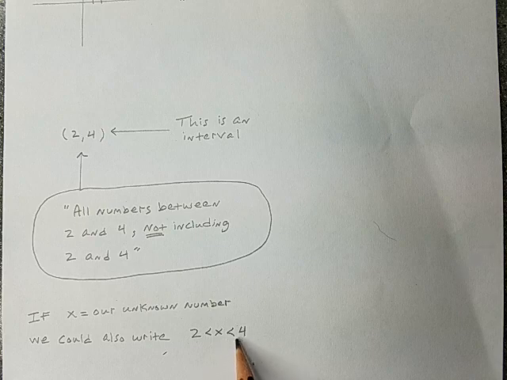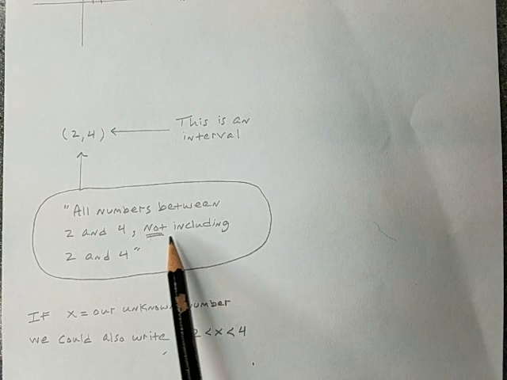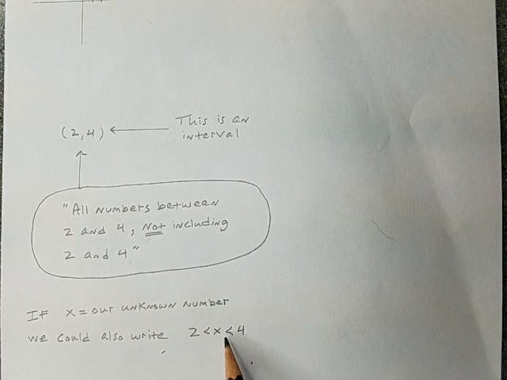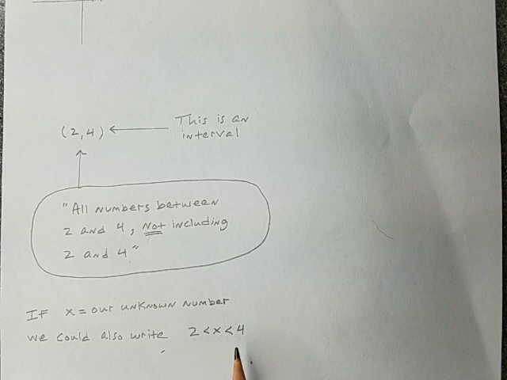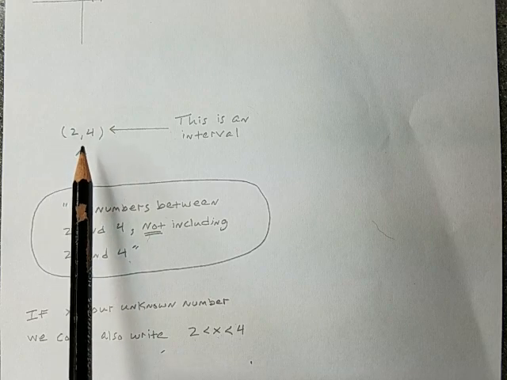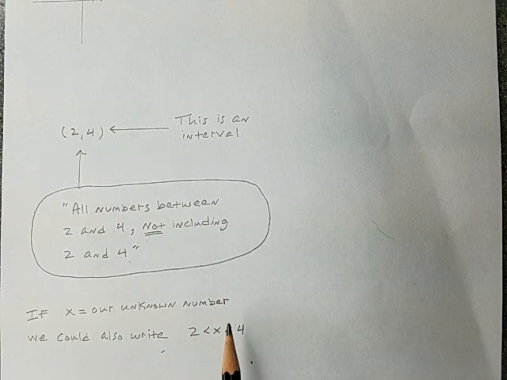Is 4 less than 4? No. So we're not including 4. And if I say x is greater than 2, am I including the 2? Is 2 greater than 2? No, so I'm not including the 2. That's why this interval says the same thing as that inequality. But people will tend to use intervals because they're a little more concise in writing than writing an inequality.